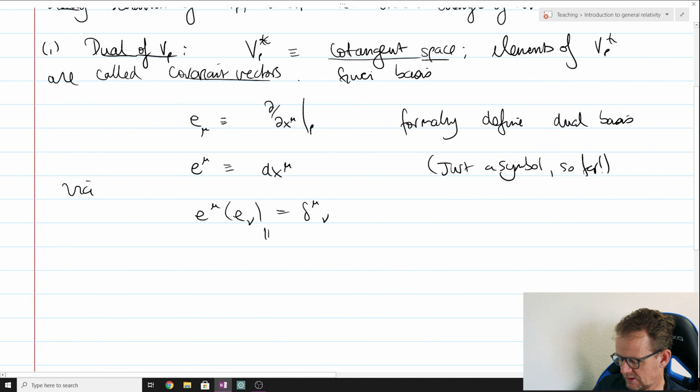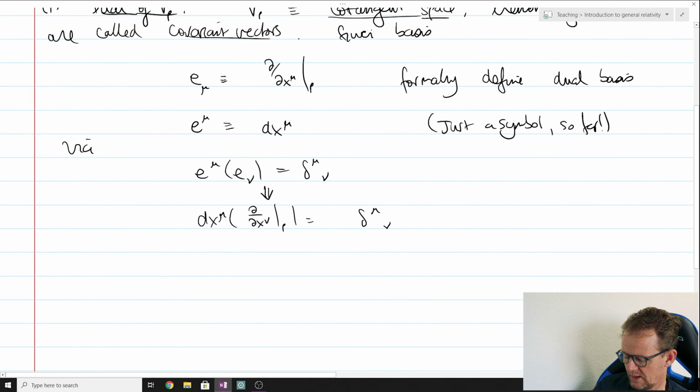But if you apply the notation here, then you get this very peculiar looking relation, namely that dx mu, interpreted as a linear function on tangent vectors, has to obey this Kronecker delta equivalence relation.